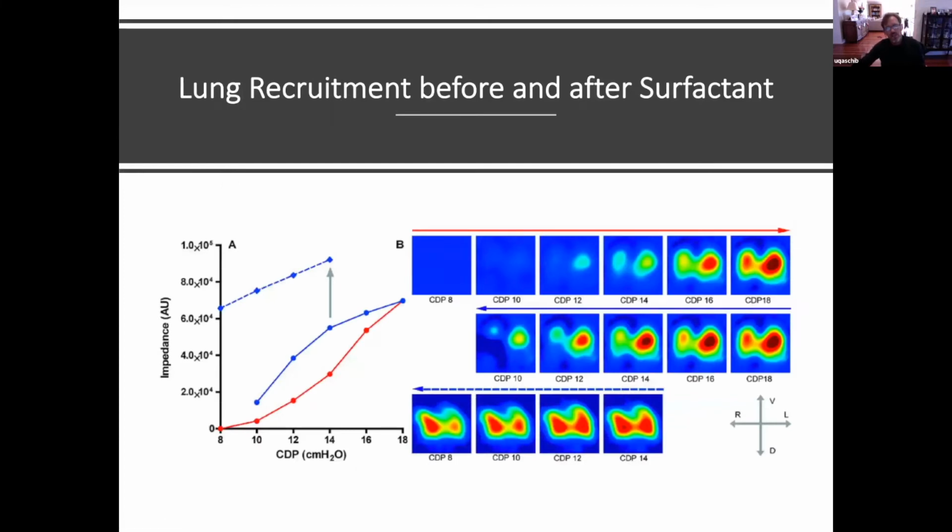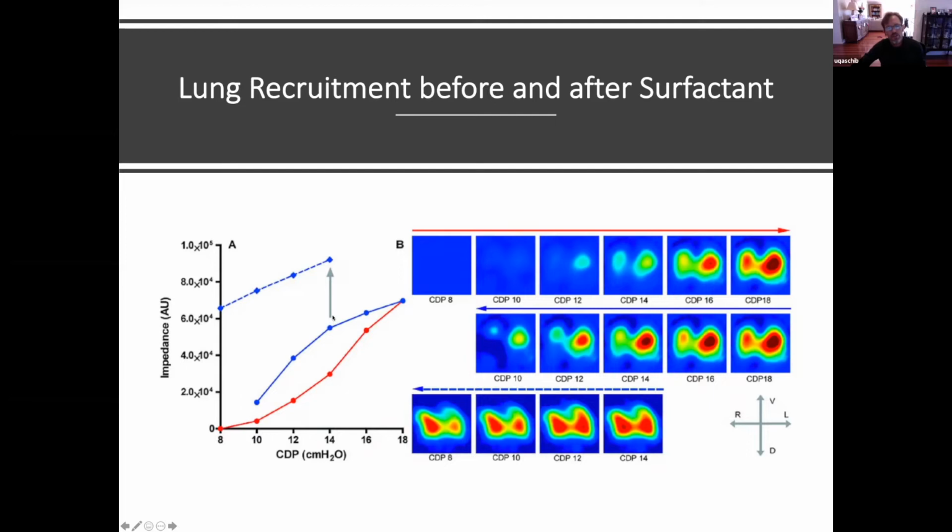David showed as well in this experimental study quite nicely how EIT can measure lung volume change if you increase the PEEP, or the continuous distension pressure, here on the inflation limb and then on the deflation limb in an RDS model.